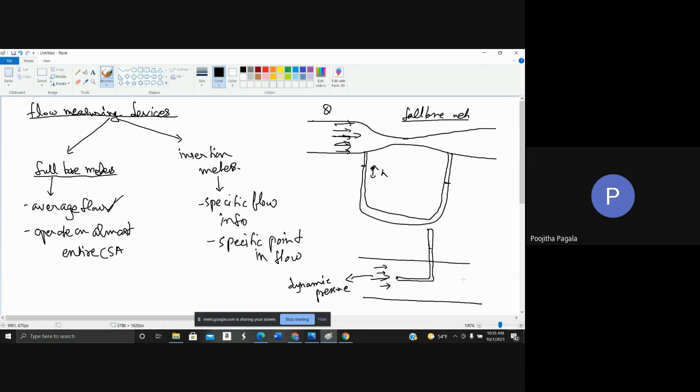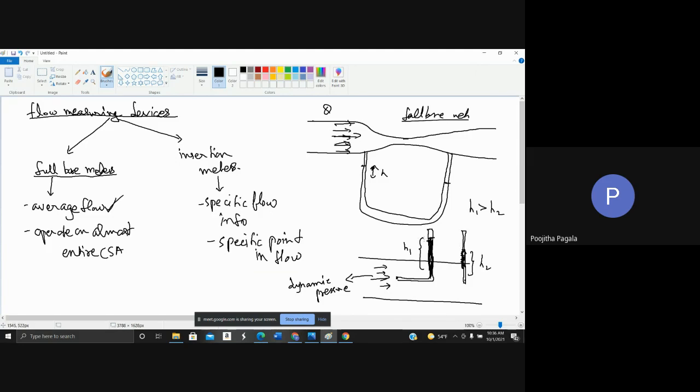And let us say we also have another pitot tube. If you look at the difference between these two, if the fluid rises to a height, let us say this is H1, in the second tube, the fluid is going to rise to a height H2. And always H1 is going to be greater than H2.